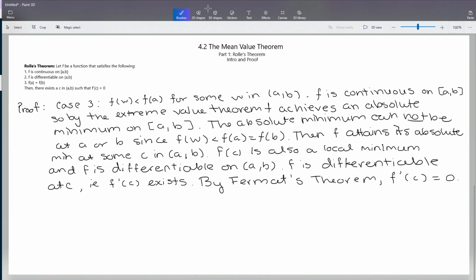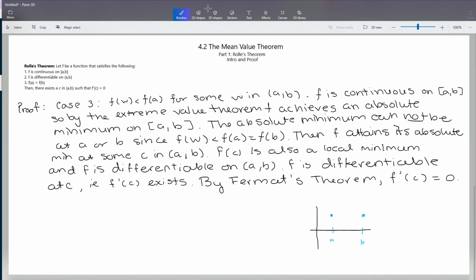So what's going on graphically in this case? Well, again, we have our interval AB, and we know that our endpoints have equal y value. Now, we also know that at some point the graph must go below that.